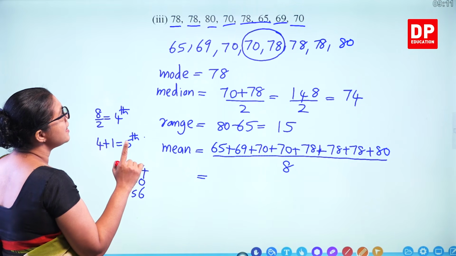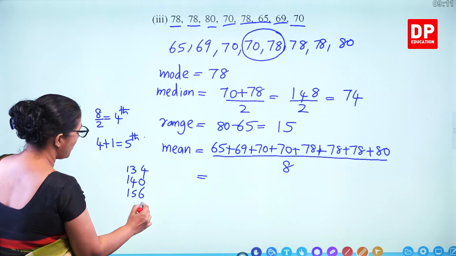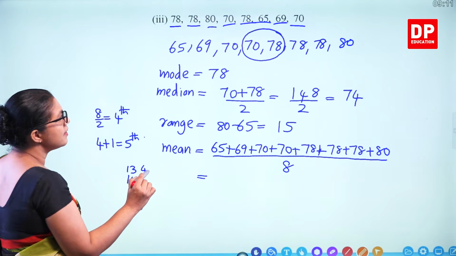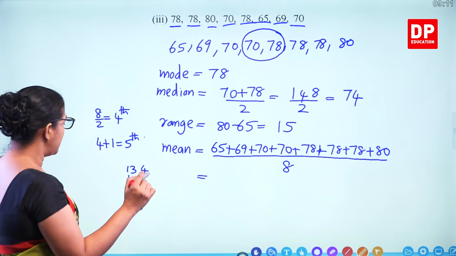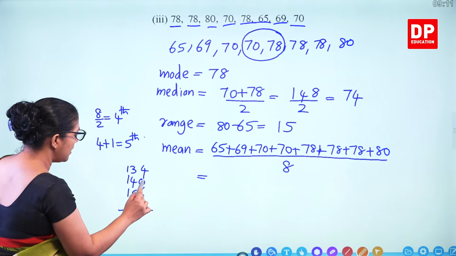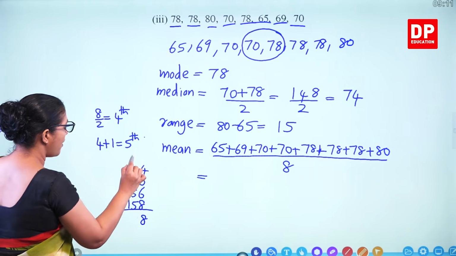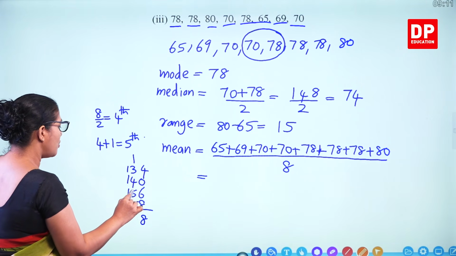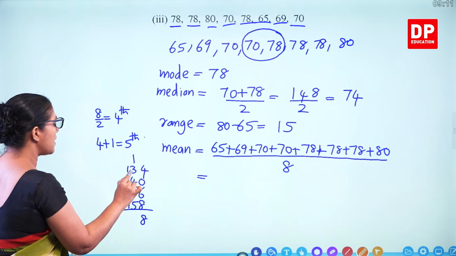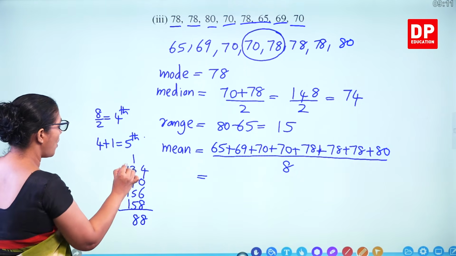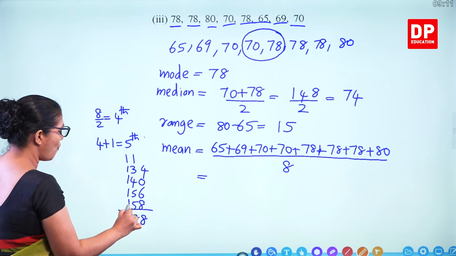Then 78 and 80, you get 158. Now add all together. 10, 18, 1 remaining. So you get 10, 14, 17, 18, 1 remaining. 2, 3, 4, 5.